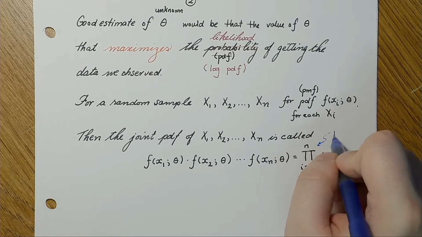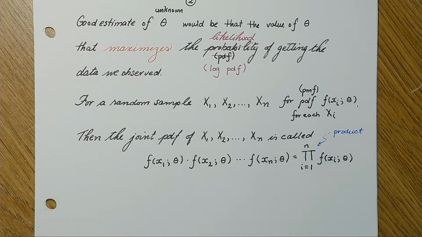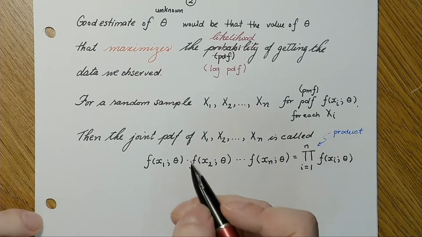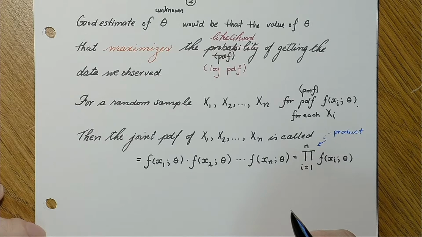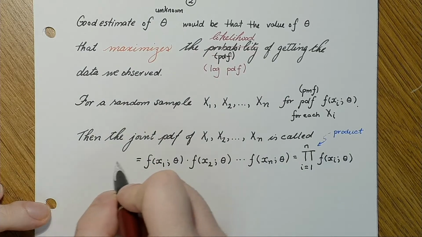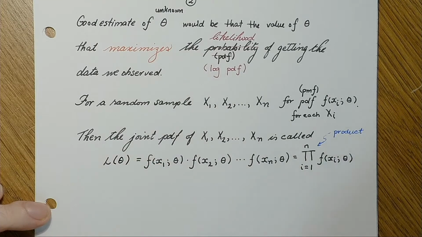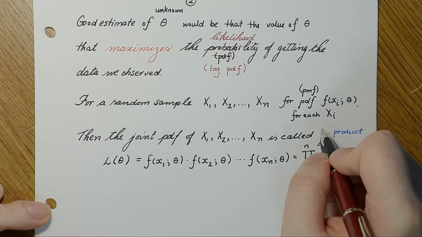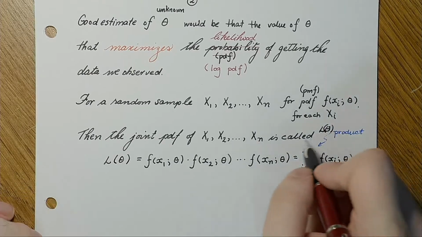So that's all it means, is the product. If we had sigma, that meant the sum. If we use pi, that means it's the product. And so you can think of this as what we call the likelihood function. So that's L of theta.